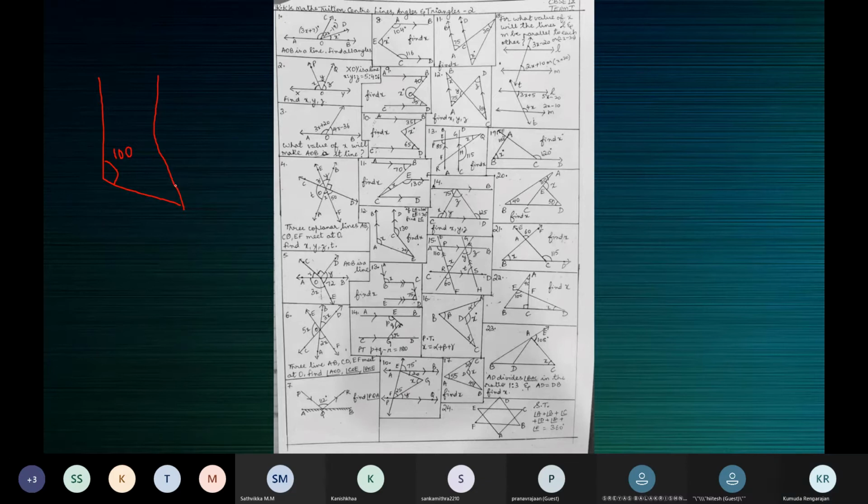E is 30. Okay, this is 30. If this is 30, we need to find this angle. All right, we need to find this X. What will be the answer for X here?